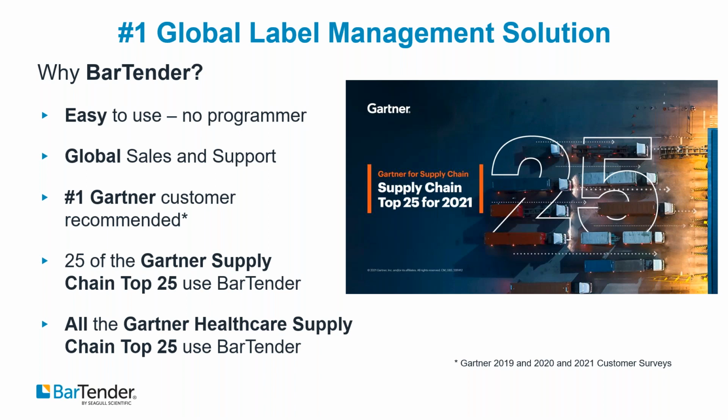BarTender has been around for a long time, more than 35 years. We are the leaders in this type of printing. It's barcodes, RFID, smart cards, integrating with barcode scanners and scales, and being able to produce unique, highly important documents, be they a barcode or some other kind of unique documentation that is identifiable and traceable.